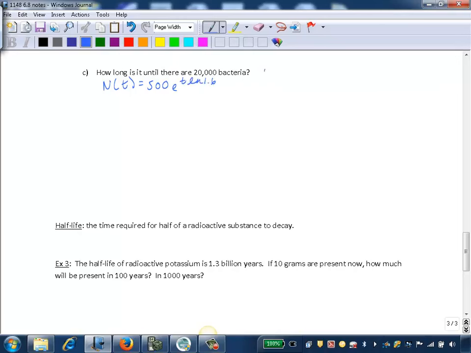So we want to solve for time here, and we're substituting in our n of t, the amount after so much time, is 20,000. So this is our n. So we'll just substitute in 20,000 equals 500 times e to the t natural log 1.6. And then I'll let you guys finish the rest of that on your own. And you can check the solutions on Blackboard.